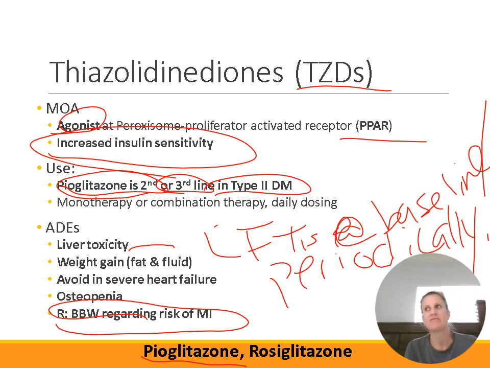So we monitor LFTs to make sure that there's not already liver problems, and then periodically we check LFTs just to make sure that we're not causing any toxicity to the liver.